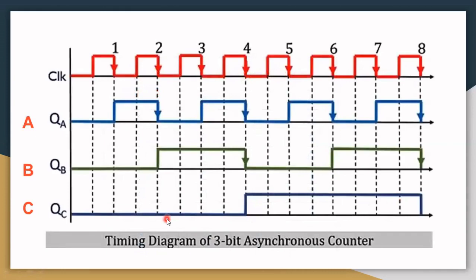This is the timing diagram of the 3-bit asynchronous counter in which we are giving 8 clock pulses, and remember the output states will change at the negative triggering edge. Therefore, outputs QC, QB, and QA are represented as CBA, and we know after each clock pulse, the first state A toggles.